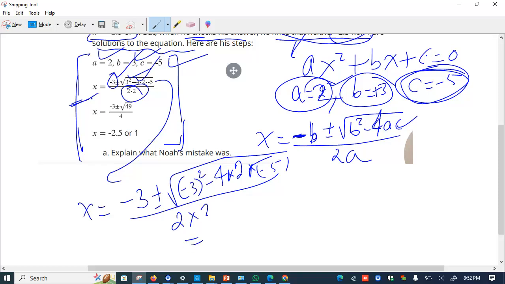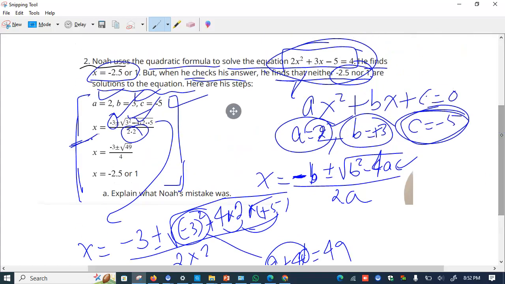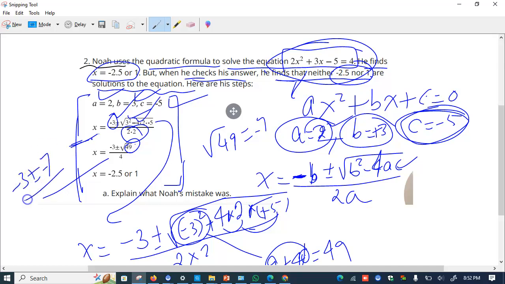So in this part, two negatives make a positive. And 3 squared is 9, 4 times 2 is 8, 8 times 5 is 40, and you add 40 to 9, that is 49, and he did get 49, see? And the square root of 49 is 7. And then he worked out minus 3 plus or minus 7 divided by 4.